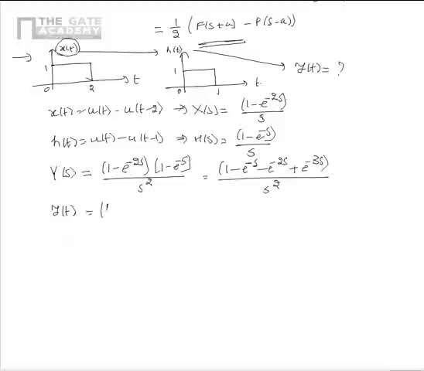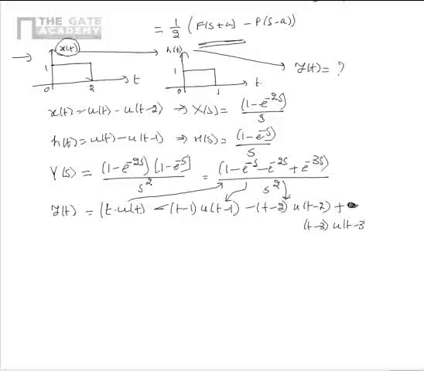From this, we can write that y of t is equal to the inverse Laplace transform of Y of s, which is t into u of t, corresponding to the first term 1 by s square, minus t minus 1 into u of t minus 1, minus t minus 2 into u of t minus 2, which correspond to the second terms e power minus s by s square and e power minus 2s by s square, plus t minus 3 multiplied by u of t minus 3, which corresponds to the third term e power minus 3s by s square.